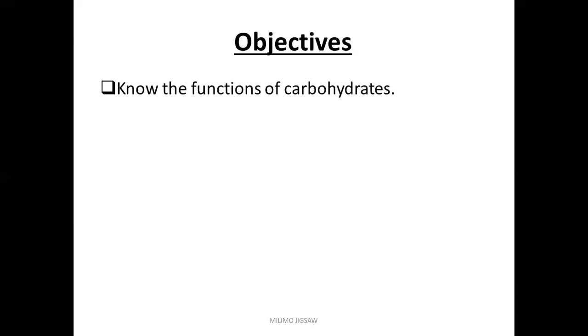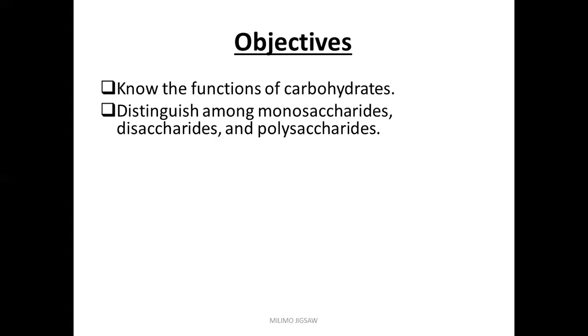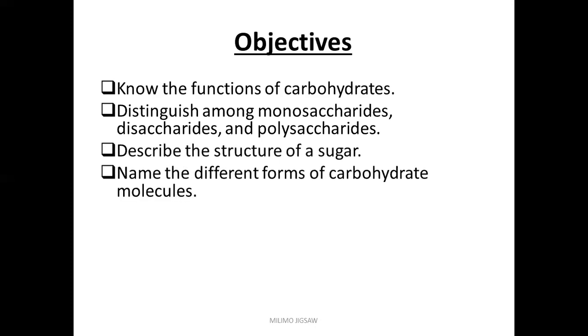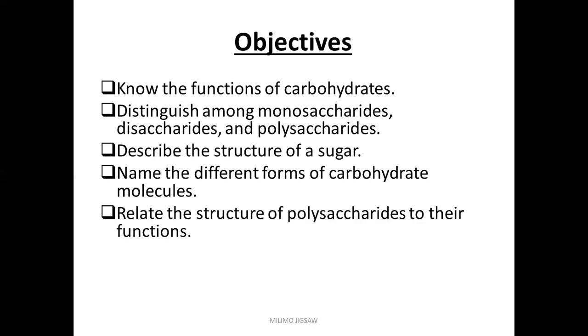Our objectives for the lesson on carbohydrates are for us to be able to understand the functions of the carbohydrates, to distinguish what a monosaccharide, a disaccharide, and a polysaccharide are, and also to describe the structure of a sugar, and to name the different forms of carbohydrate molecules, and also to relate the structure of polysaccharides to their functions.